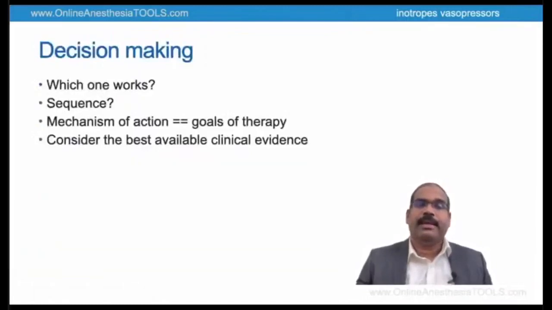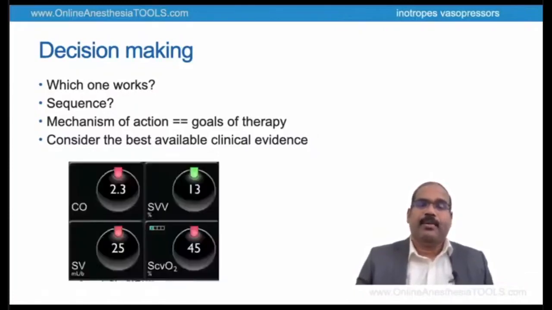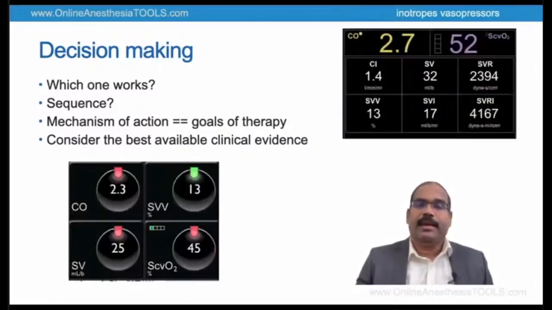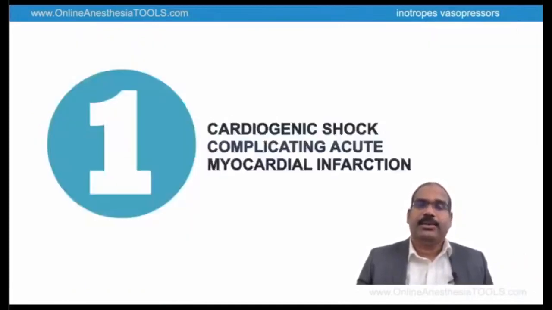So the decision making: which one to work with, in which sequence, the mechanism of action, what our goals of therapy are, and of course you need to consider the best available clinical evidence. Nowadays we have invasive monitors, as I have mentioned, and it requires practice and familiarity with these monitors to make the best use of these parameters. Let's go to a few scenarios.